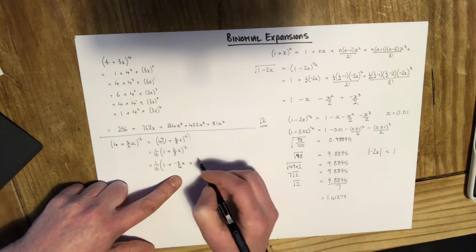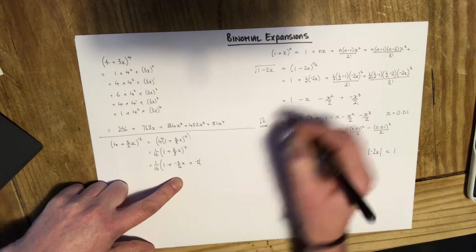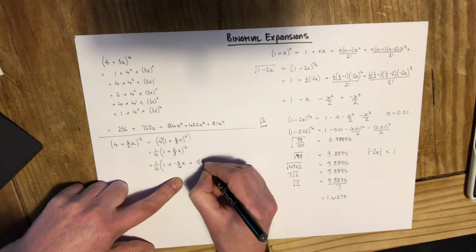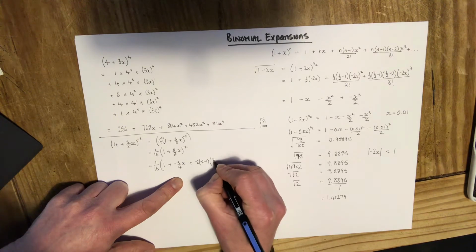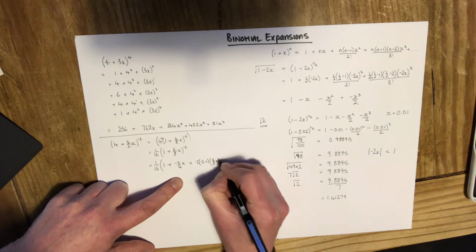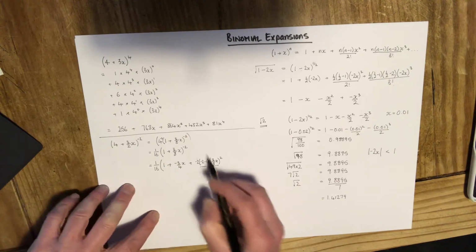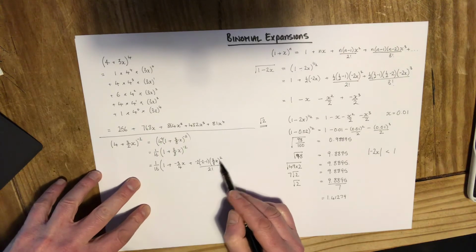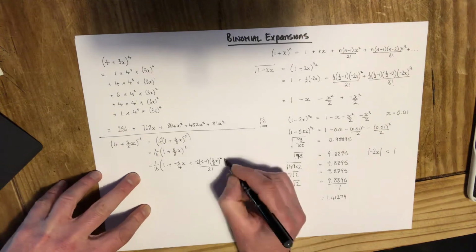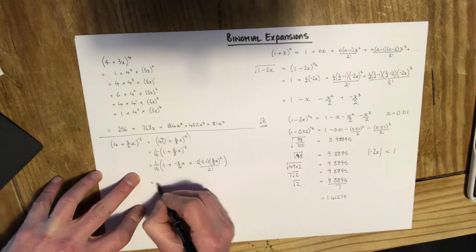Plus, this is where I need to show my working, minus 2 times minus 2 take 1 times x squared. Well, that's the whole of 3 over 8x squared divided by 2 factorial. This particular expansion I'm going to take up to and including powers of x squared. Okay, so I'm stopping there. You could add another one on if you want.